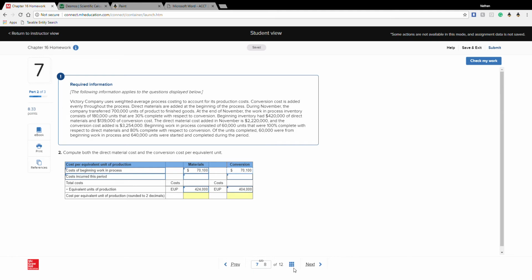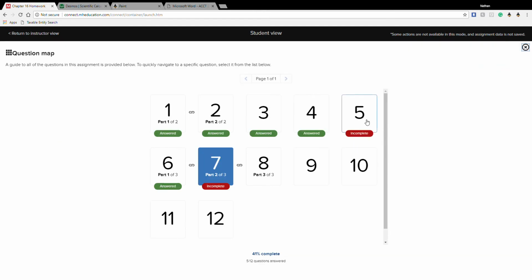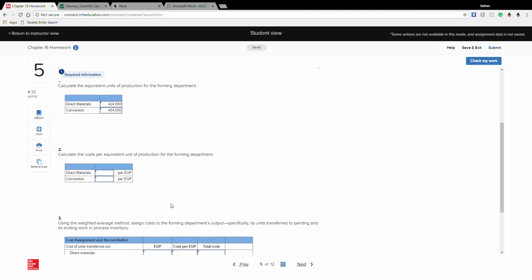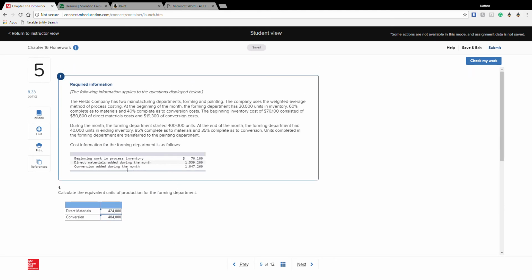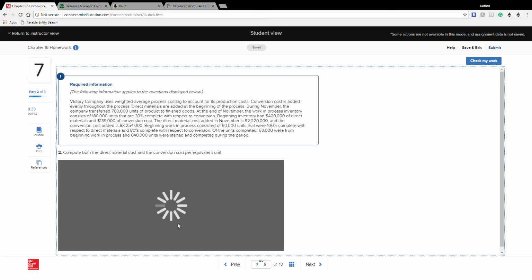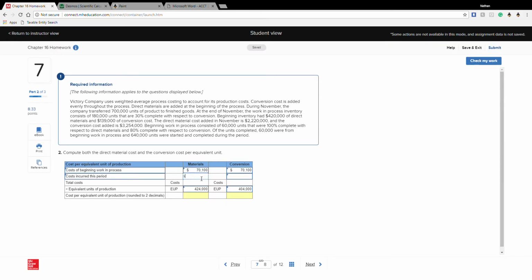So again, if you're using this method just to show you visually, you can always hit this grid right here and quickly switch between the questions. Okay, so direct materials was 1,539,200. Okay, and look, again, Connect does everything for you.